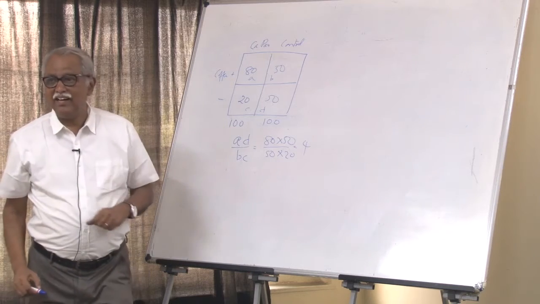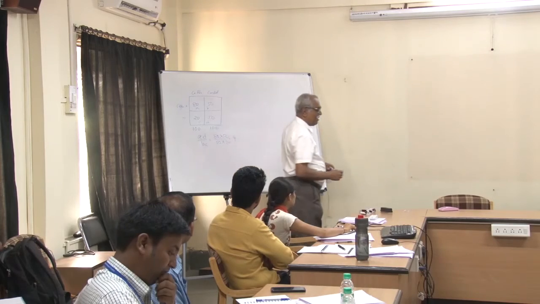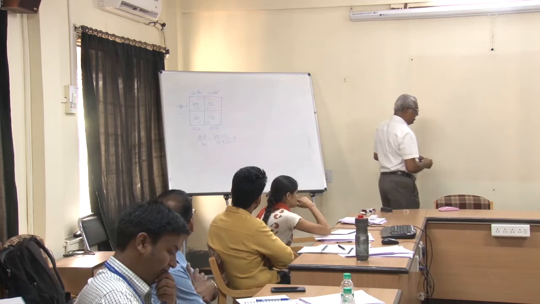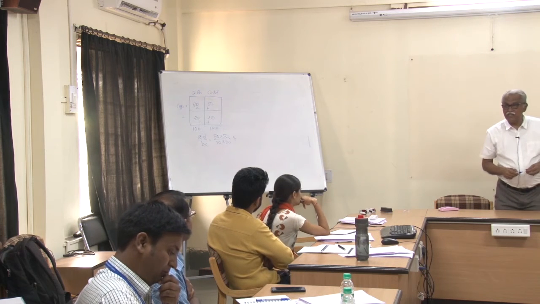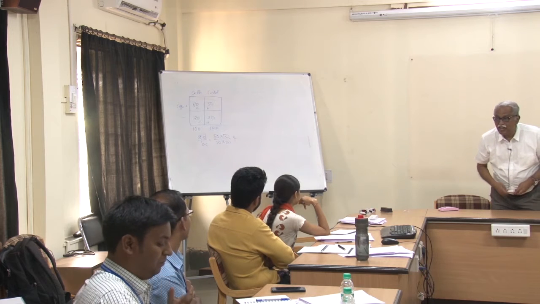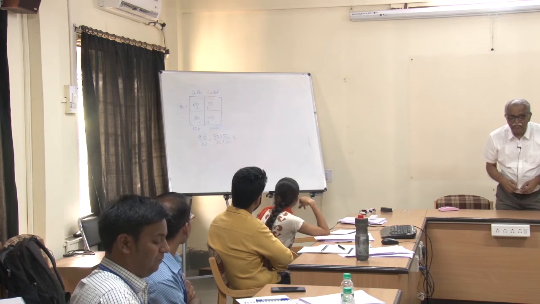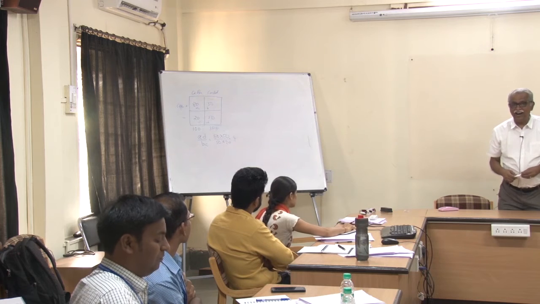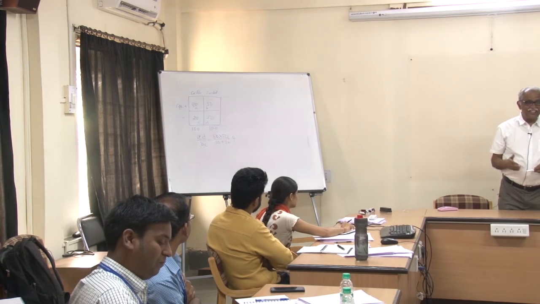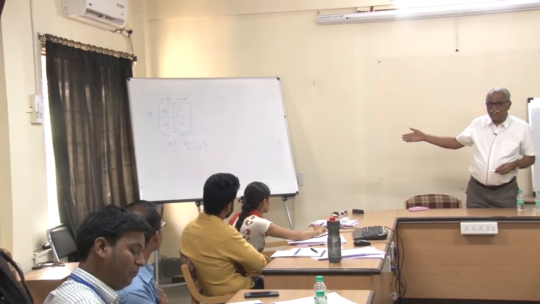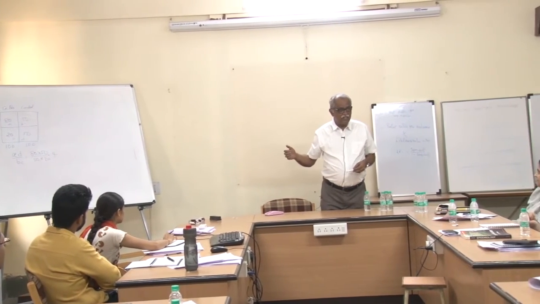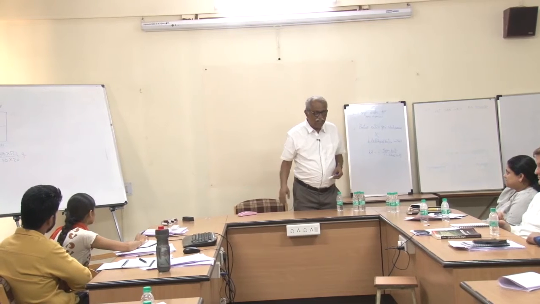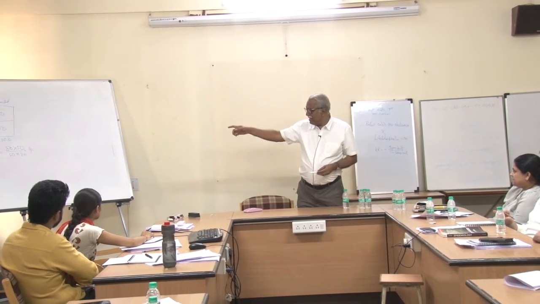If you drink coffee, your risk of cancer pancreas goes up 4 times as compared to if you don't drink coffee. Everybody looks at you. Aha. Where is the incidence of cancer among coffee drinkers? Where is the incidence of cancer among non-coffee drinkers? No. What the heck is that AD by BC? And you get 4 now.